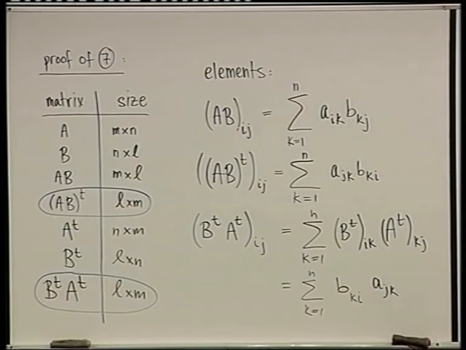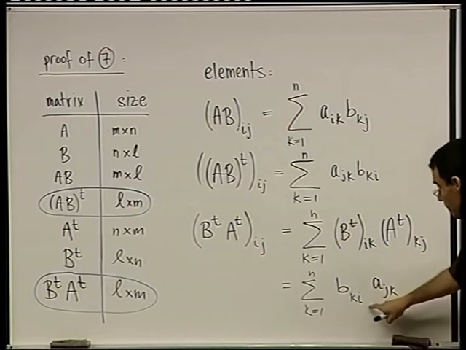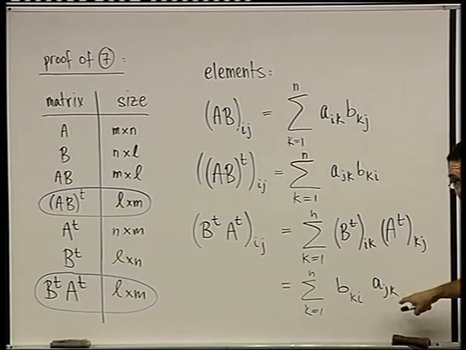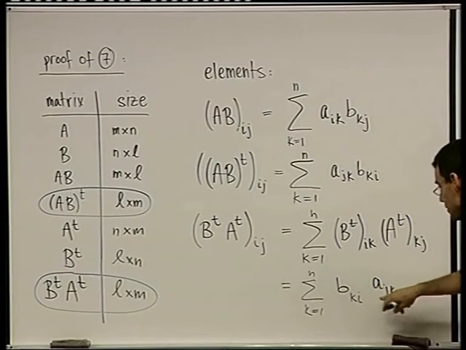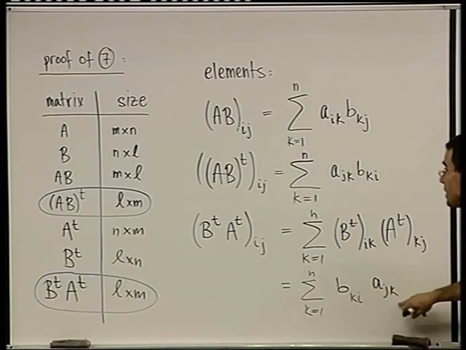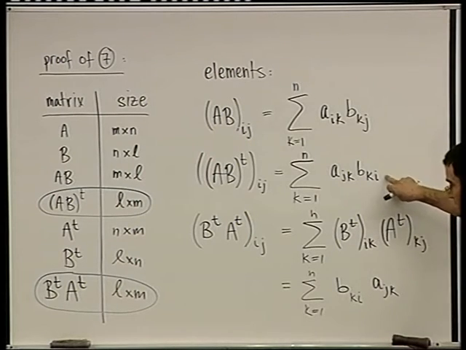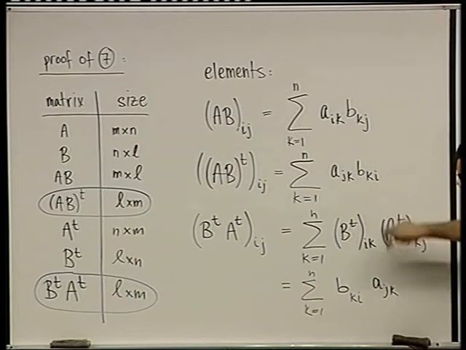Good? And now, remember that these are just numbers. These are the entries. And for numbers, we do know the commutative law, right? So b_ki a_jk is the same as a_jk b_ki, right? So this sum and this sum are in fact precisely the same thing.